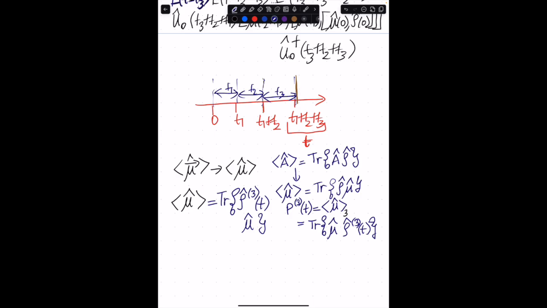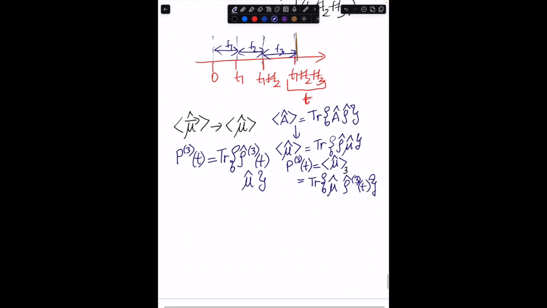And I shall recast this and call this the third order polarization, capital P3(t). Again, ignoring the vectorial component, or in general, these polarizations will also have a vector here. So we're not digressing into that. Or this is the same as the trace of mu with the third order term.